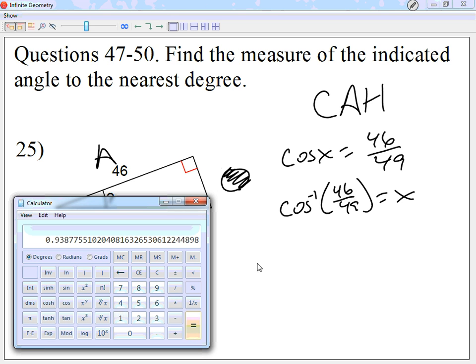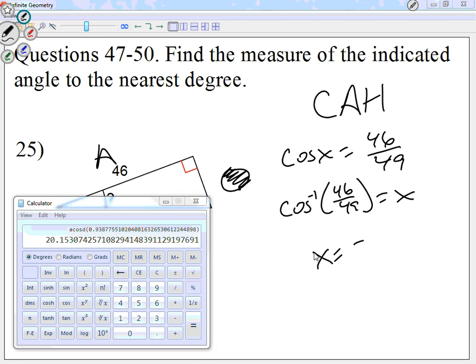Get the decimal for that. I'm going to do cosine inverse. Round it to the nearest whole number. So I'm going to say x is equal to 20 degrees. Any questions on these?